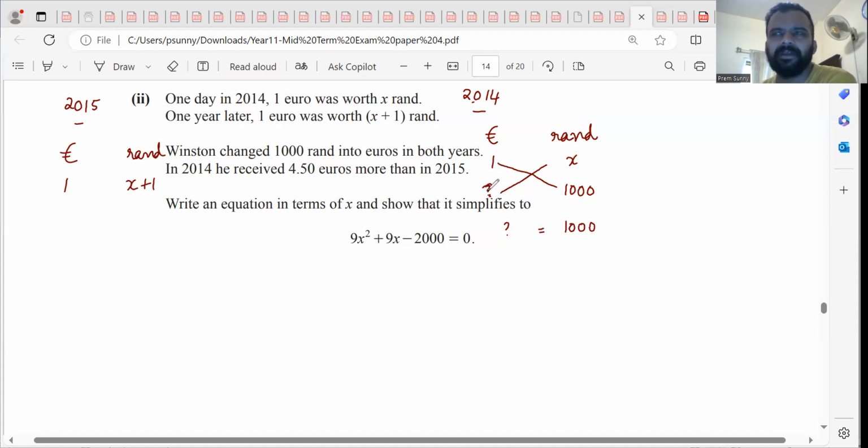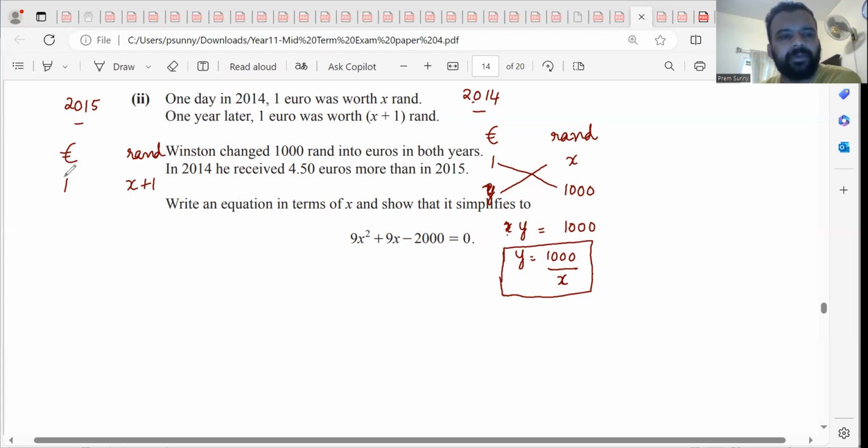I'll take it as some other variable, let's say y. So x into y will be xy. I need y here, this is what I'm finding out. y is equal to 1000 divided by x. This is what Winston got when he changed 1000 rand into euros in 2014.